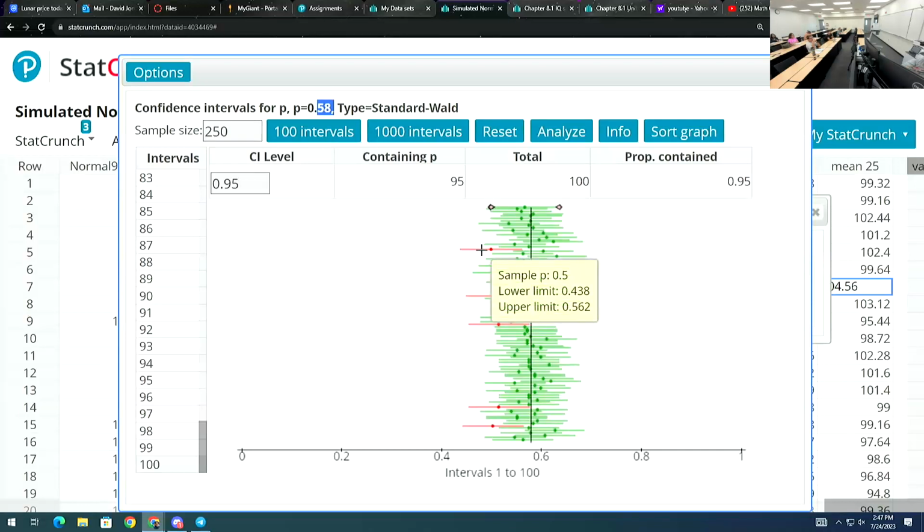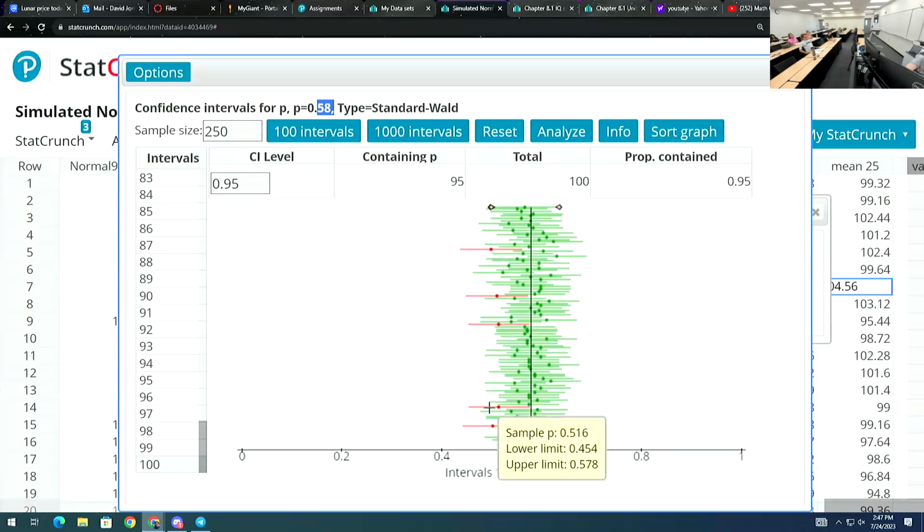See where it says lower limit and upper limit? That's them doing their 95%. And their 95% doesn't actually include the 0.58. So let's say the 0.58 is the actual value. This interval doesn't have it. This interval doesn't have it either.